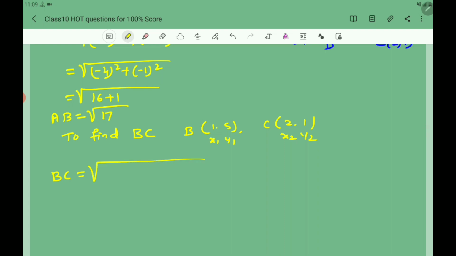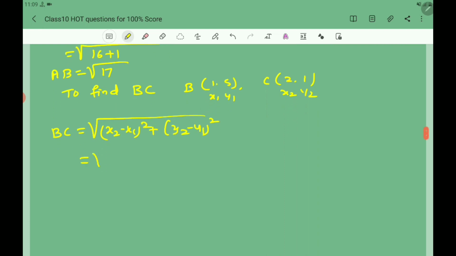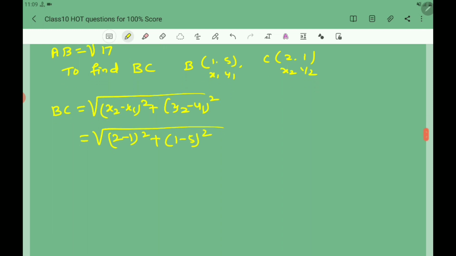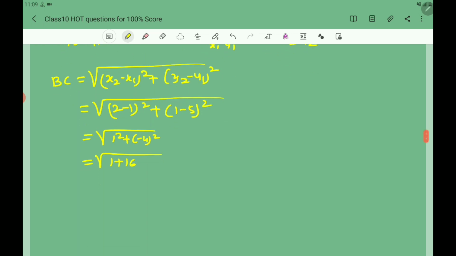BC equals square root of (x2 minus x1) whole square plus (y2 minus y1) whole square, that equals (2 minus 1) whole square plus (1 minus 5) whole square, that is 1 square plus (minus 4) whole square. So you get 1 plus 16, that is BC is root 17.